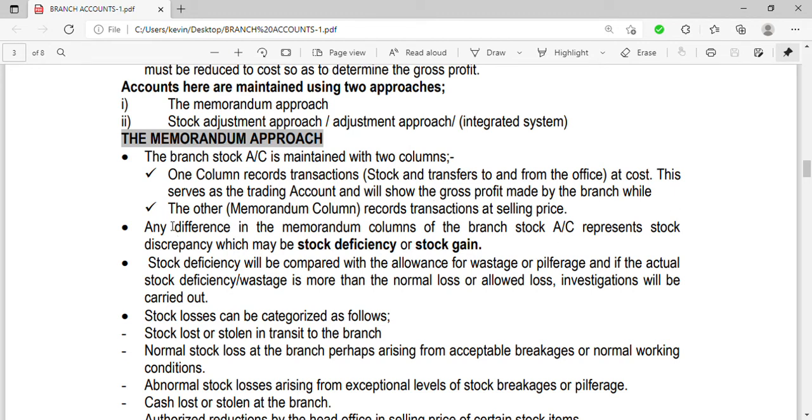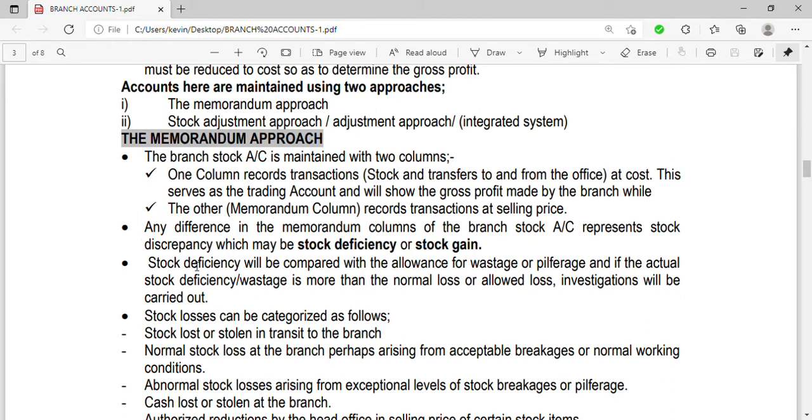Then another column records transactions at selling price. It shows nothing since the goods were already sent to the branch at selling price. So the most important column is the one that records transactions at cost, because its main aim is to determine the gross profit made by the branch.